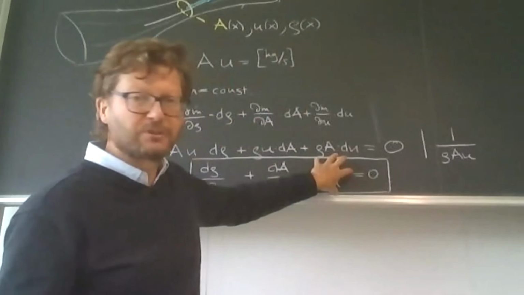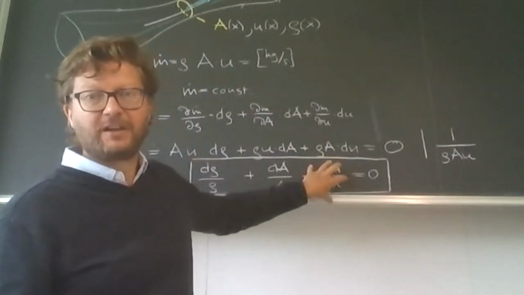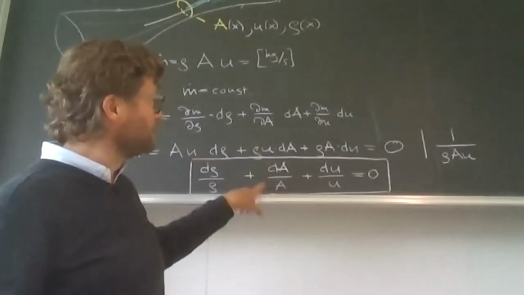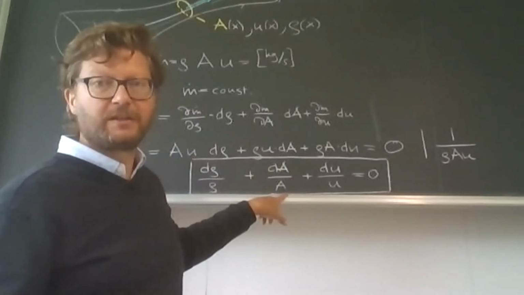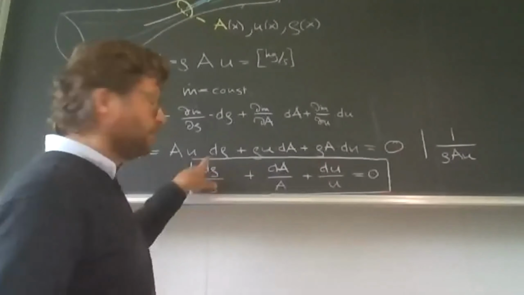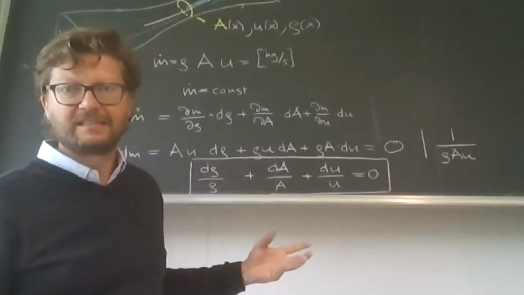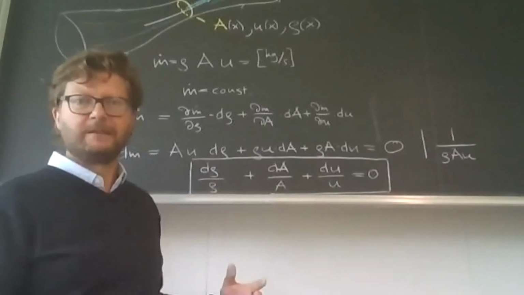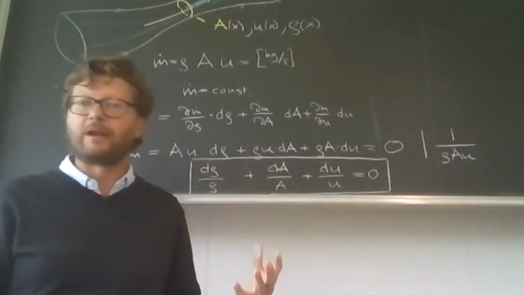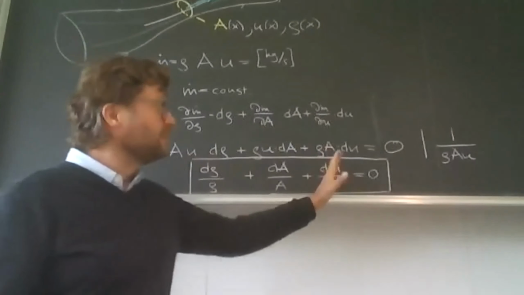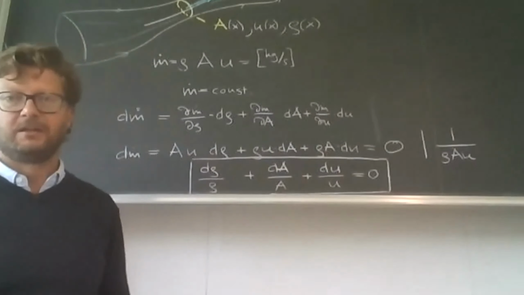So a 10% change in velocity must be compensated, let's say, by a 10% decrease in cross-section, or by a 10% decrease in density, or by a combination of them. So the percentual changes, or the normalized changes, the relative changes of any of these quantities in their sum must always be zero.